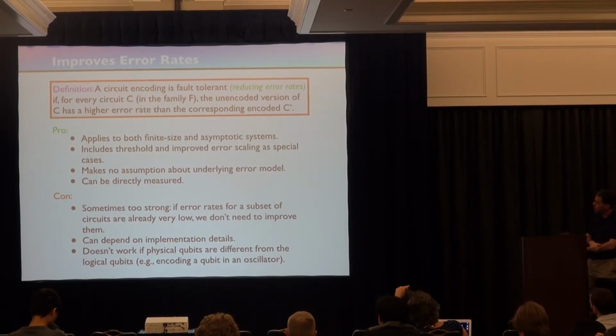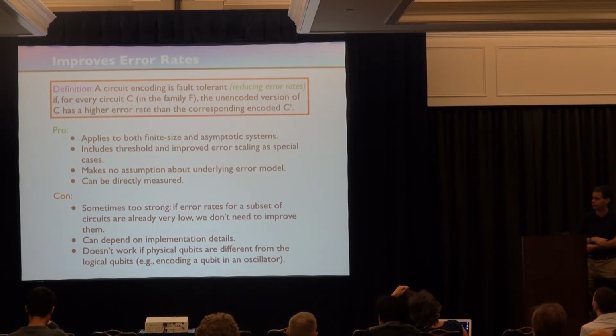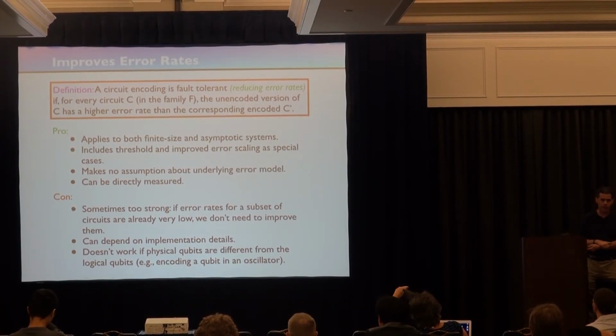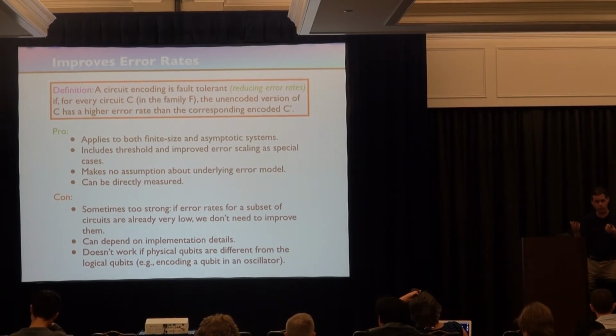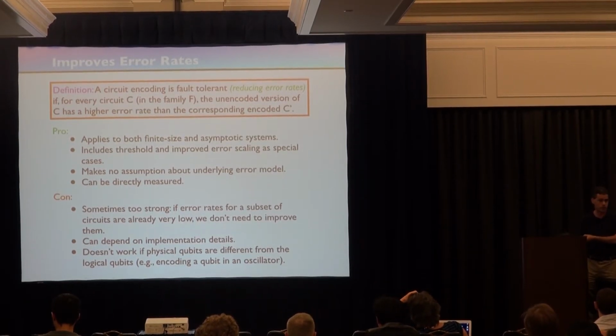Another example that Ken pointed out is that it can depend on some implementation details. So for instance, if the 1 qubit error rate is quite low and the 2 qubit error rate is higher, then maybe your logical 1 qubit error rate is a bit higher, but your 2 qubit error rate is lower, right? So personally, I'm happy with saying that's not fault tolerant because some gates are getting worse.